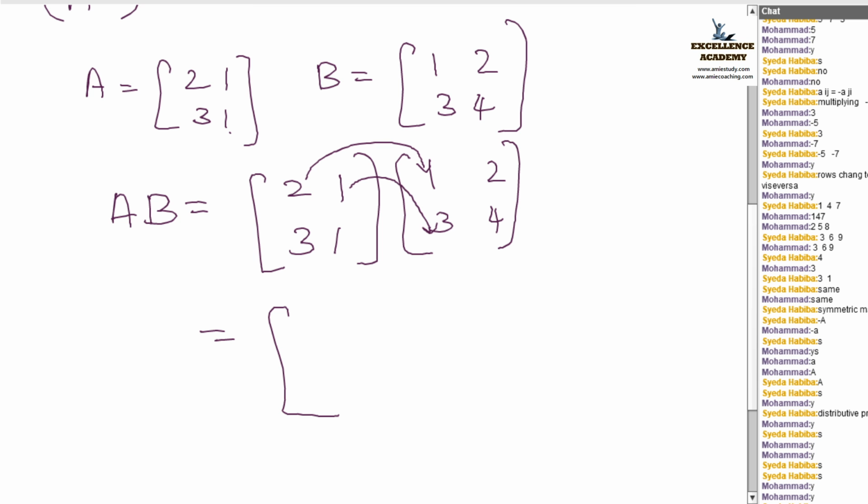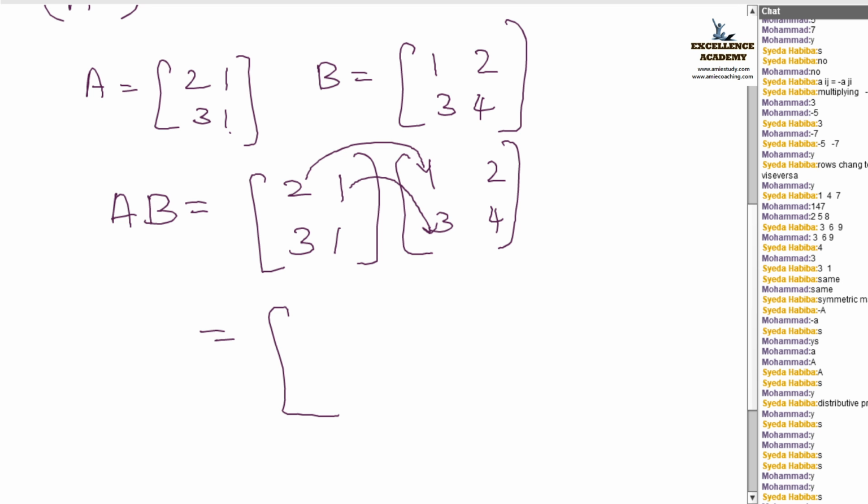Am I right? 2 into 1 plus 1 into 3. What about the next one? Next element, I mean 1, 2. Therefore, in order to get 1, 2, what should you do?